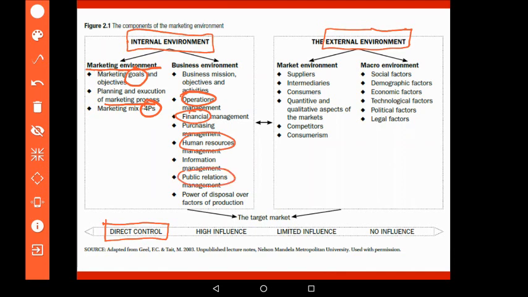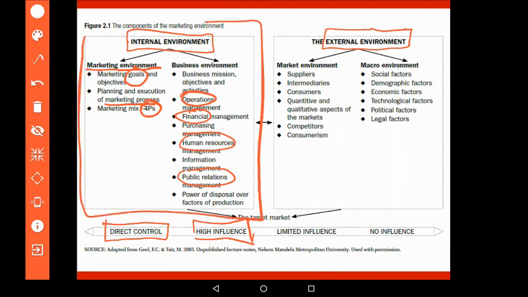Over those departments, we don't have direct control, but we do have a very high influence. We can go speak to the finance manager and say, hey, we need more money for marketing, please give us some. So we can influence the different departments and managers. That's the internal environment, the environment inside the business.